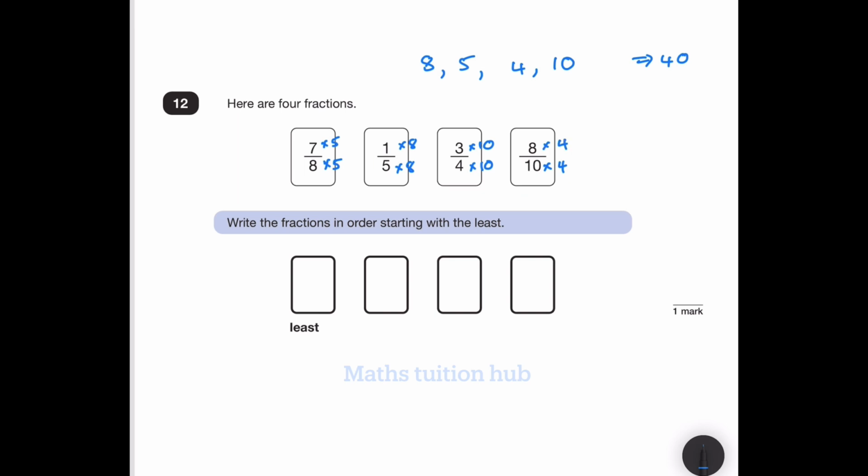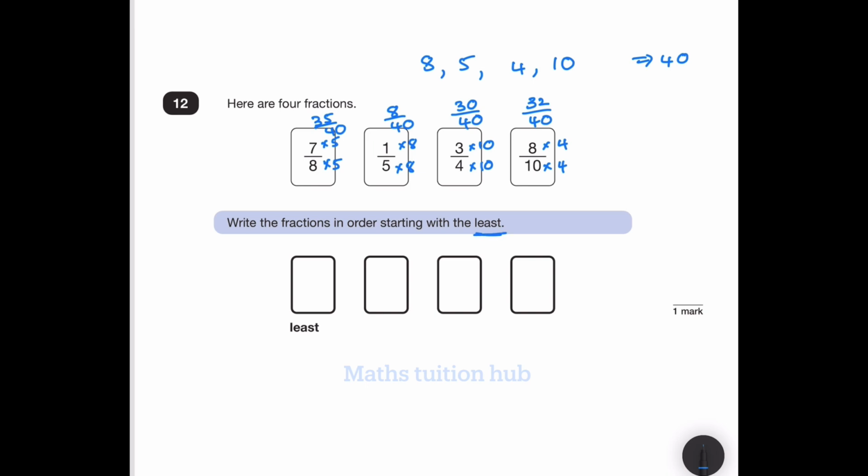Okay, 7/8 will be 35/40, and 1/5 is equivalent to 8/40, and 3/4 is 30/40, and 8/10 is 32/40.